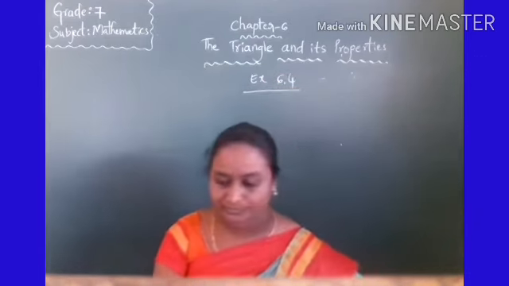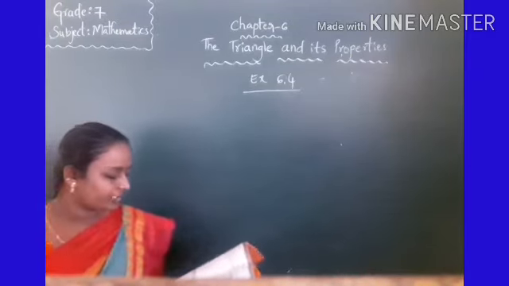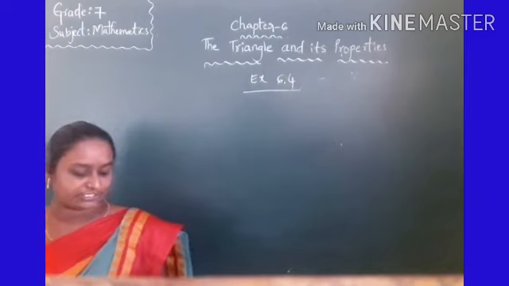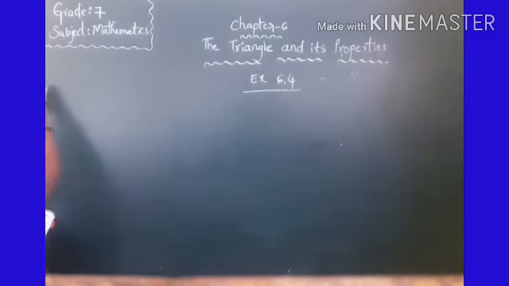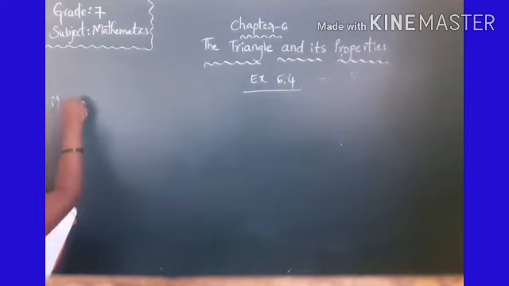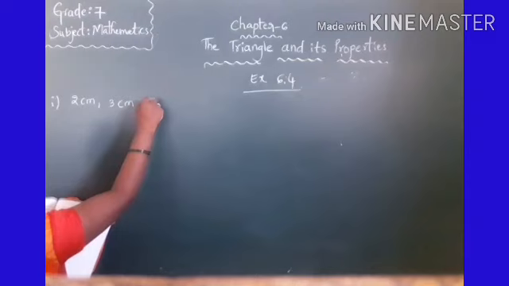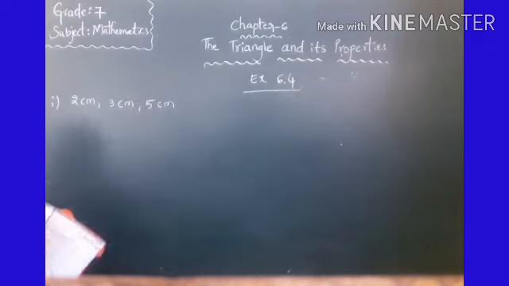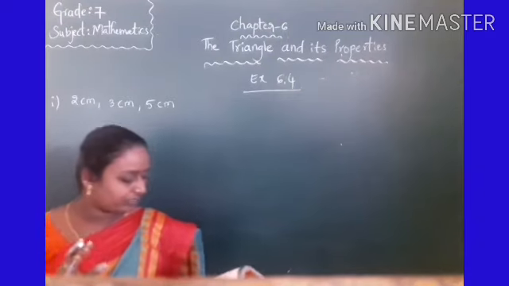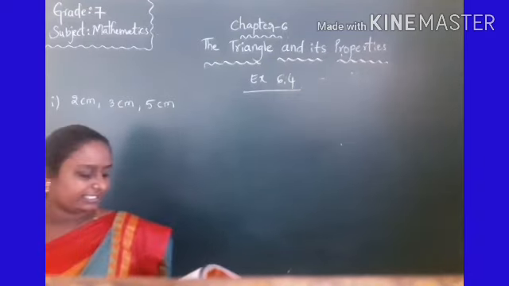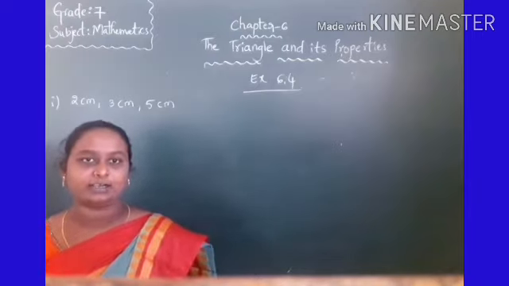First one: is it possible to have a triangle with the following sides? First one, 2 centimeters, 3 centimeters, 5 centimeters. Here three sides are given. Using these three sides, is it possible to construct a triangle or not?